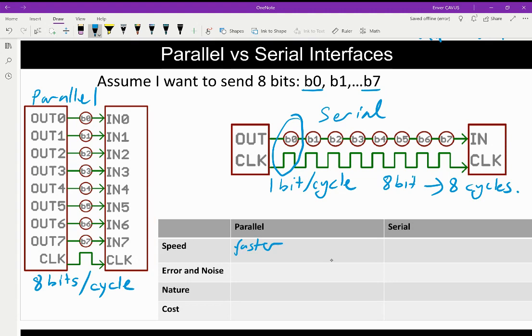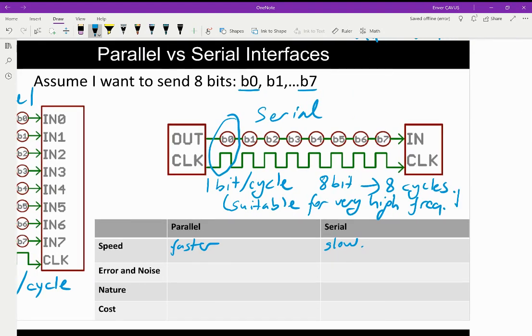The serial interface is slower, but for high frequencies, the serial interface is more suitable. It is very suitable for very high frequency data rates or transmission.